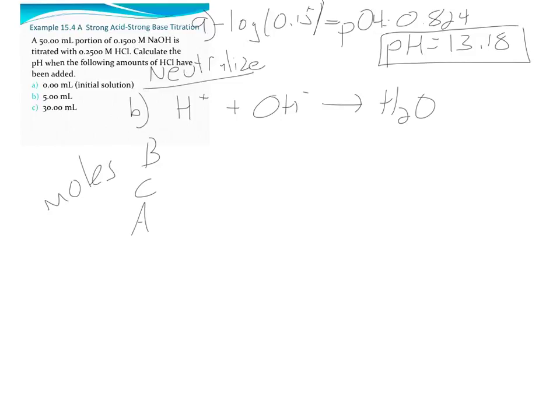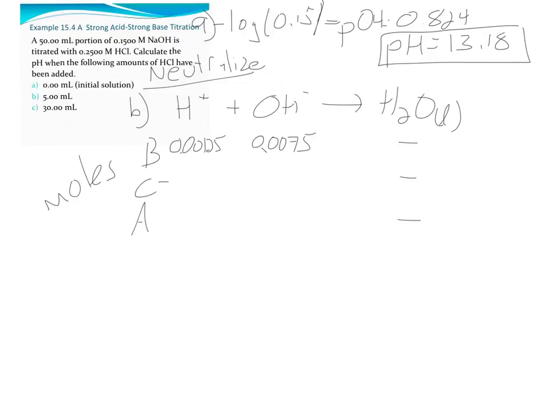We have 5 milliliters of 0.25 molar acid, so that's going to give me 0.00125 moles of acid. The base is 50 milliliters of 0.15, so 0.0075 moles. We will never really worry about the water because it's a liquid and it's the solvent.